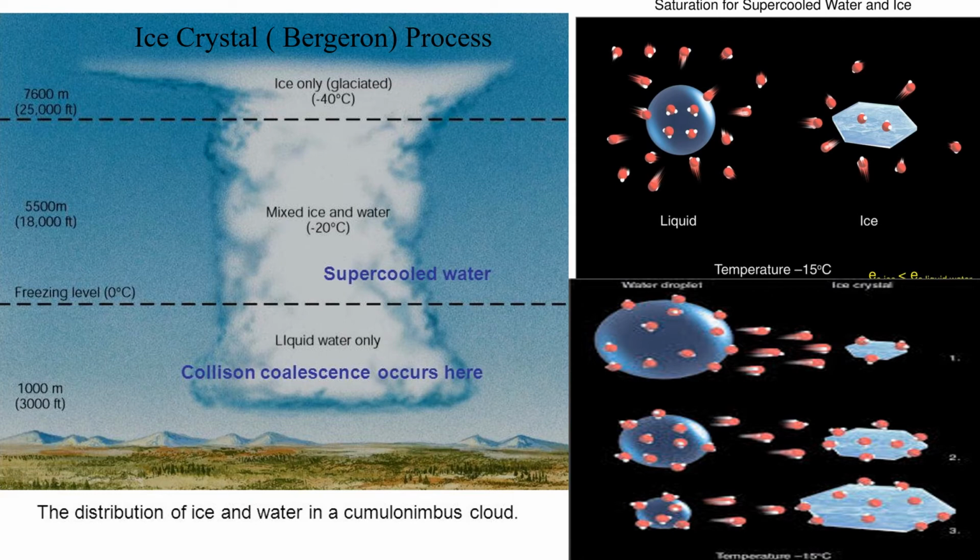The region of a cloud where only ice particles exist, at 7,600 meters and above where the temperature is below minus 40 degrees centigrade, we call glaciated.